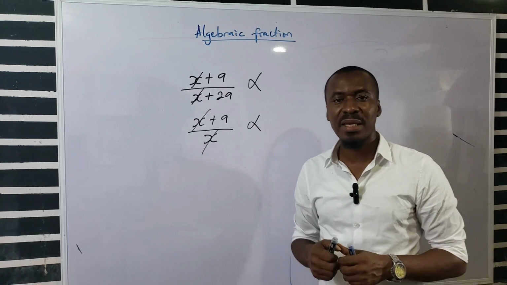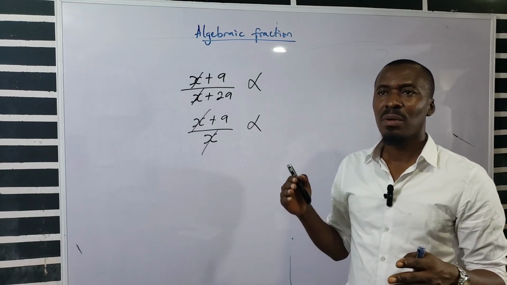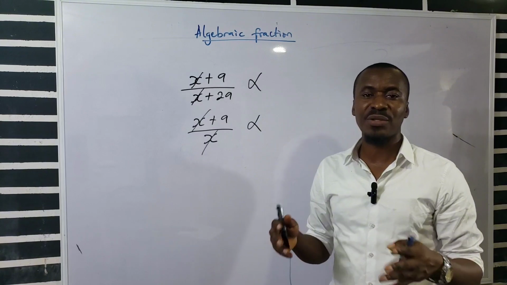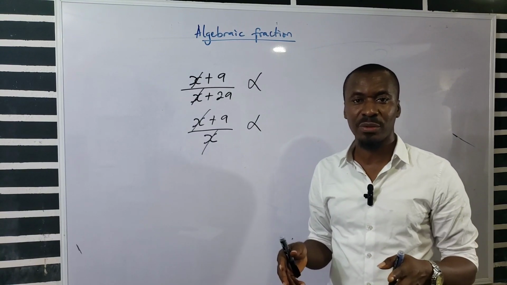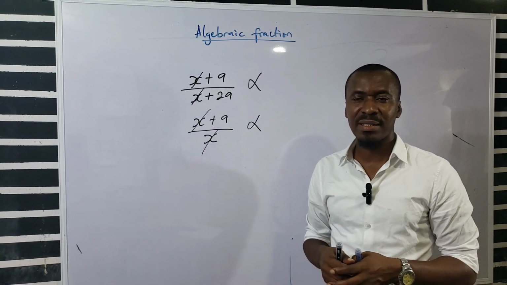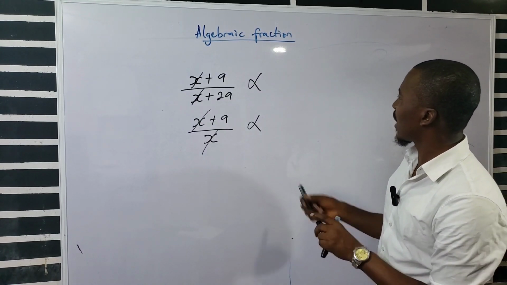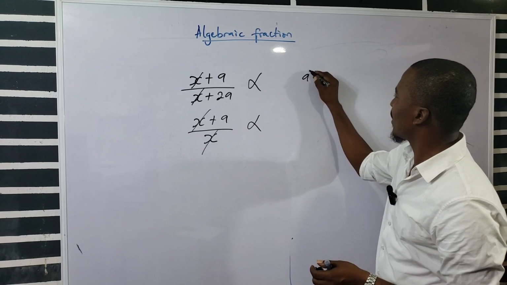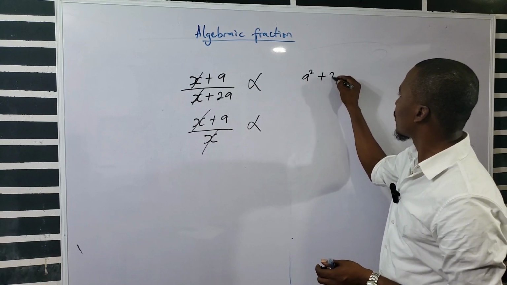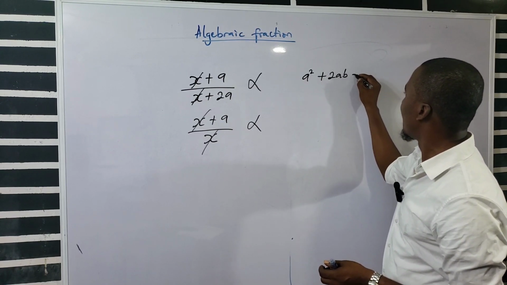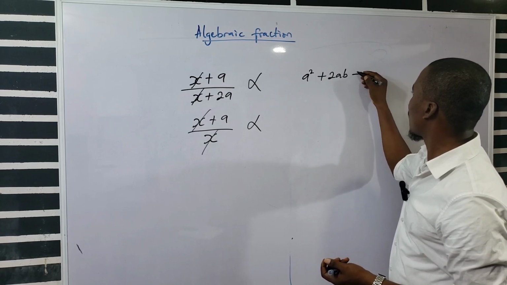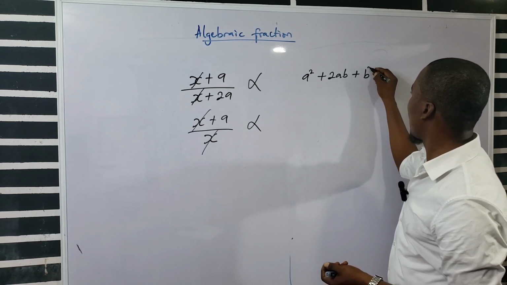Another thing is that we have made some videos on factorization of algebraic expressions. So we are going to look at this type of factorization. Let's say you have a squared plus 2ab plus b squared.